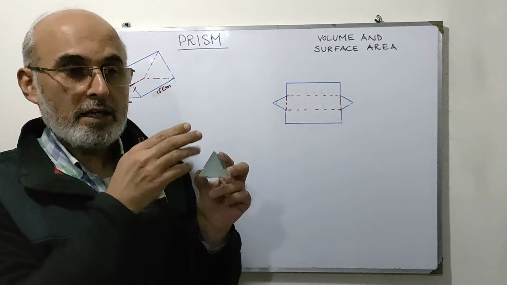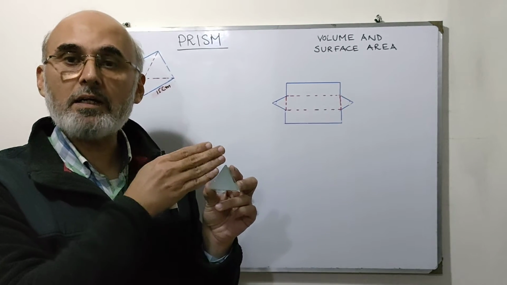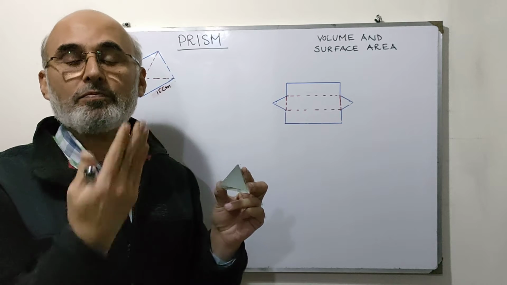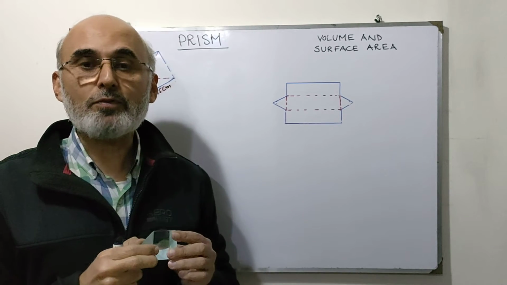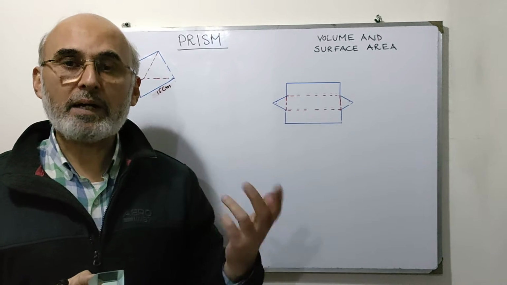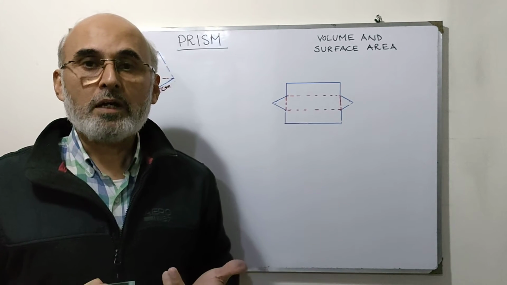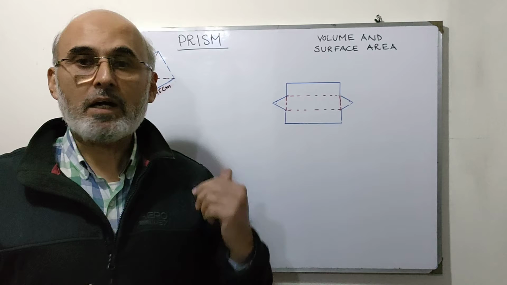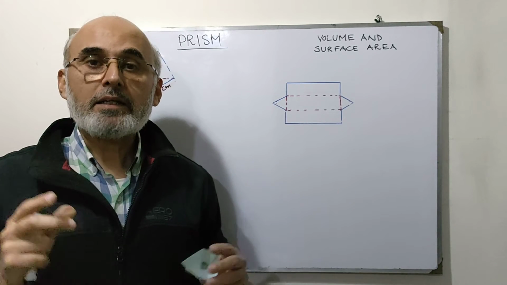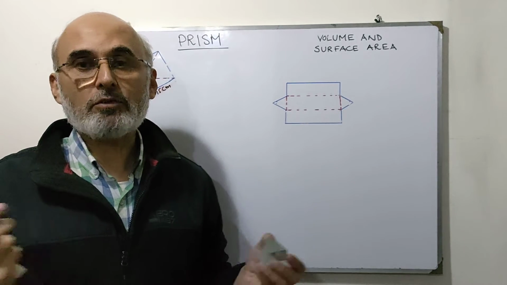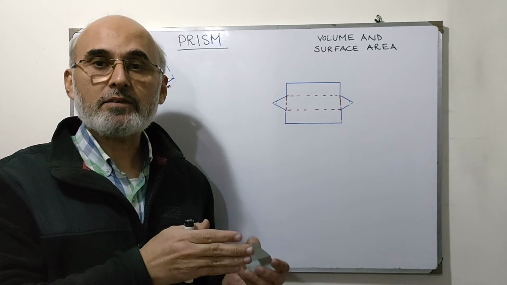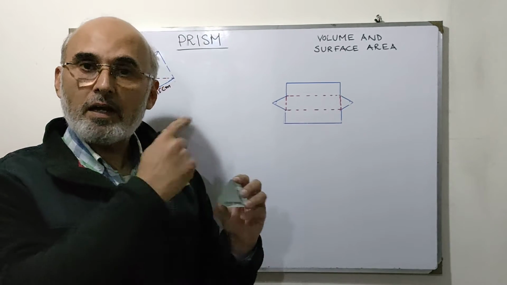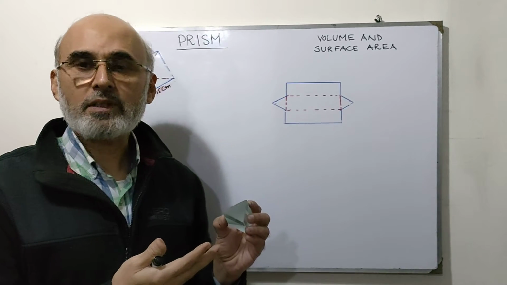Like this triangle, every slice is going to be a triangle with the same dimensions. It's just like a bread which you buy from any bakery: if you take it out from the bag, you will see that each and every slice has almost the same dimension.